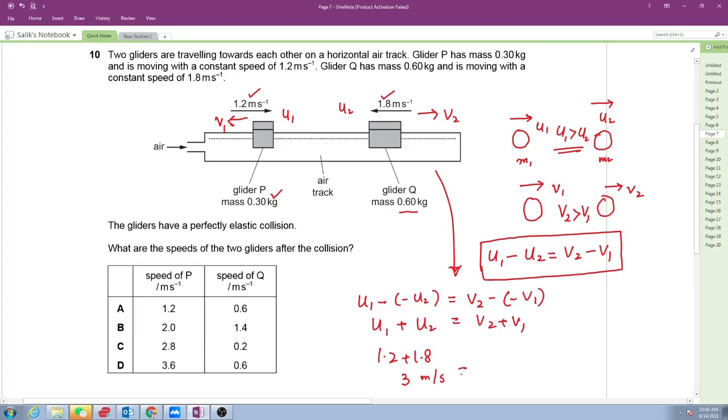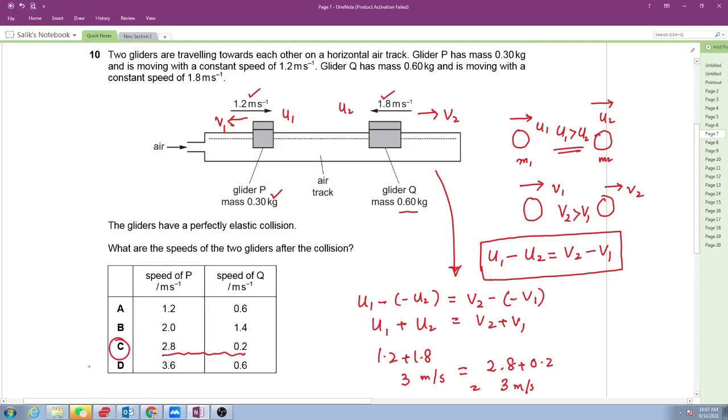Then you choose the answer where the sum of those is 3. If you go for C, 2.8 plus 0.2, you get 3 meters per second. So that's why our correct answer is C.